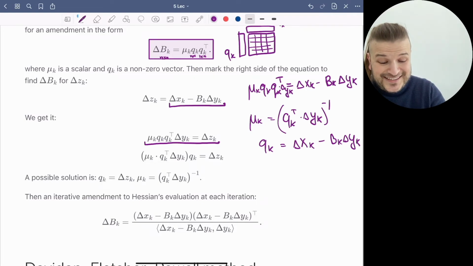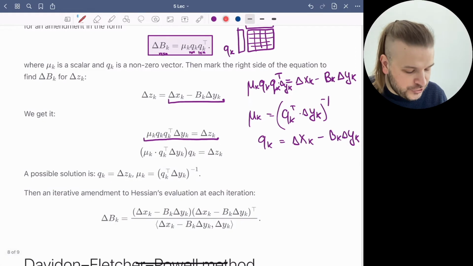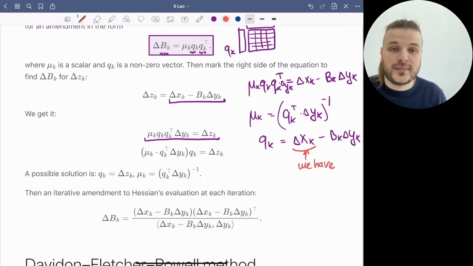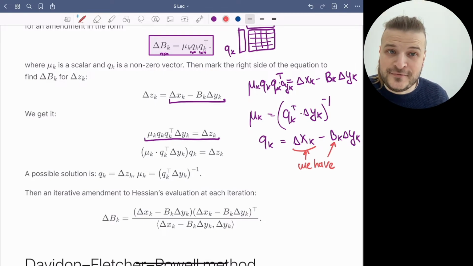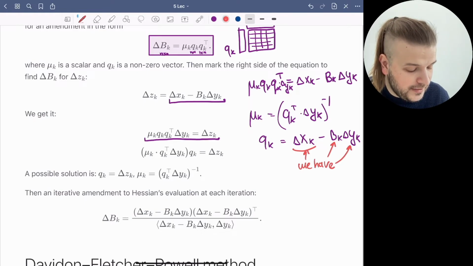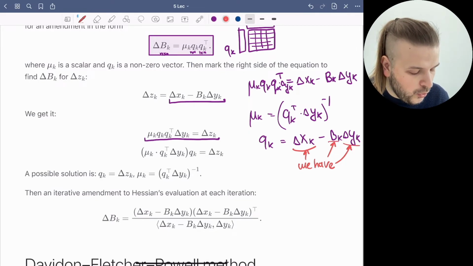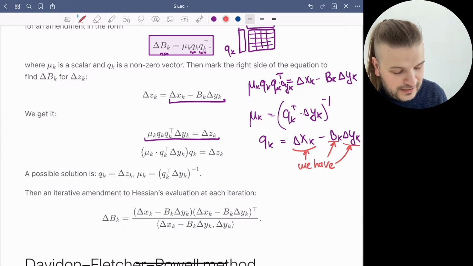And what's interesting here is, what do we have as an input at each iteration? We have this delta xk. We have also the previous version of the inverse Hessian, and we have a gradient difference also as an input. So all these terms are known to us. And after qk calculation, you can compute mu k as follows.